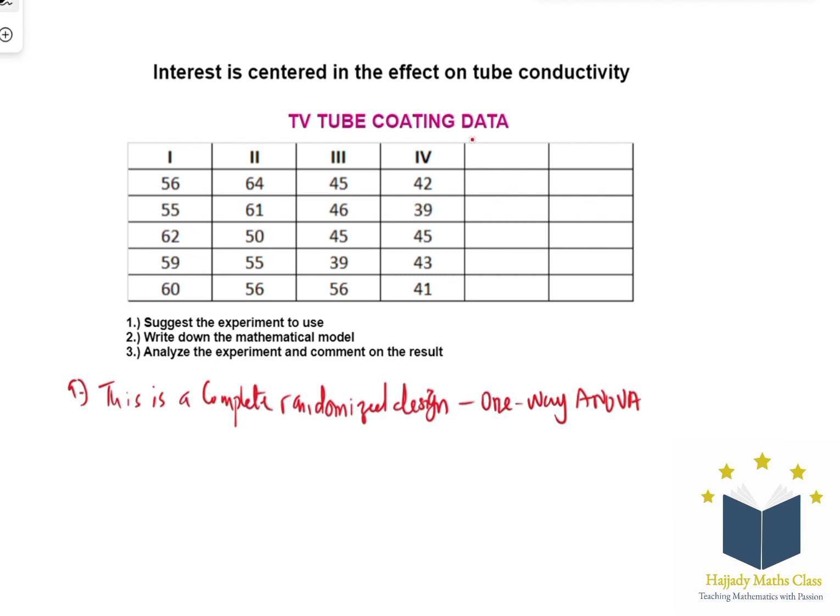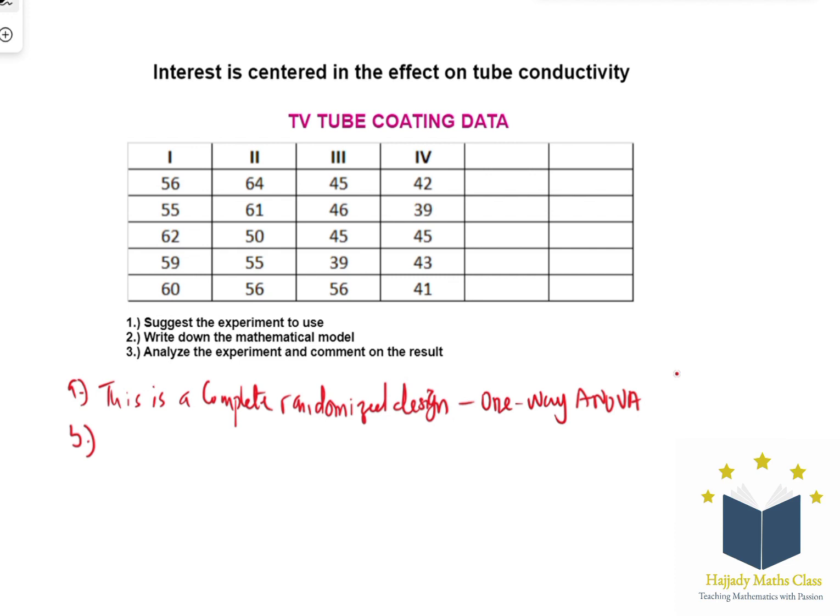So the second question is to write down the mathematical model for this. You can check some of my previous videos for the proof of this model, how the model is gotten, the breakdown, the composition of the one-way ANOVA. I have it, and at the end of this video, I'm going to attach it.